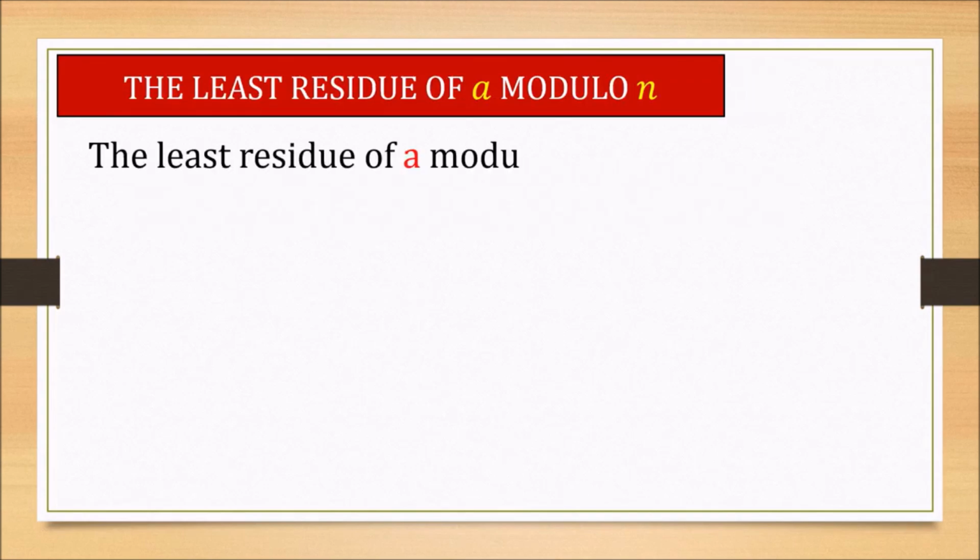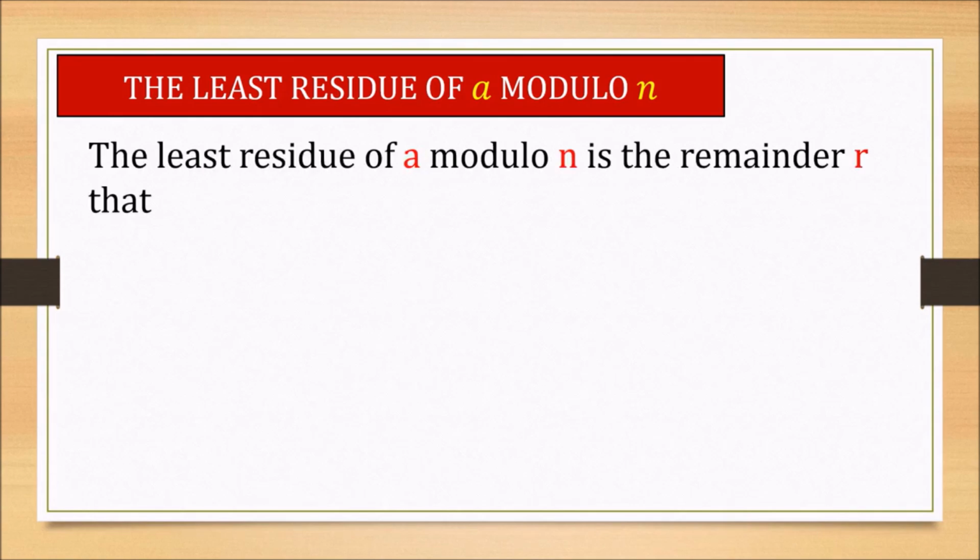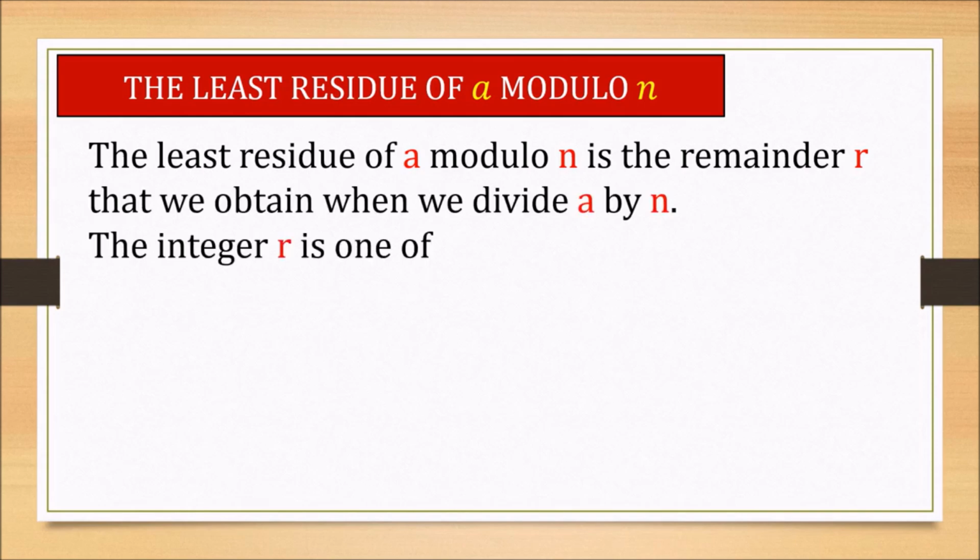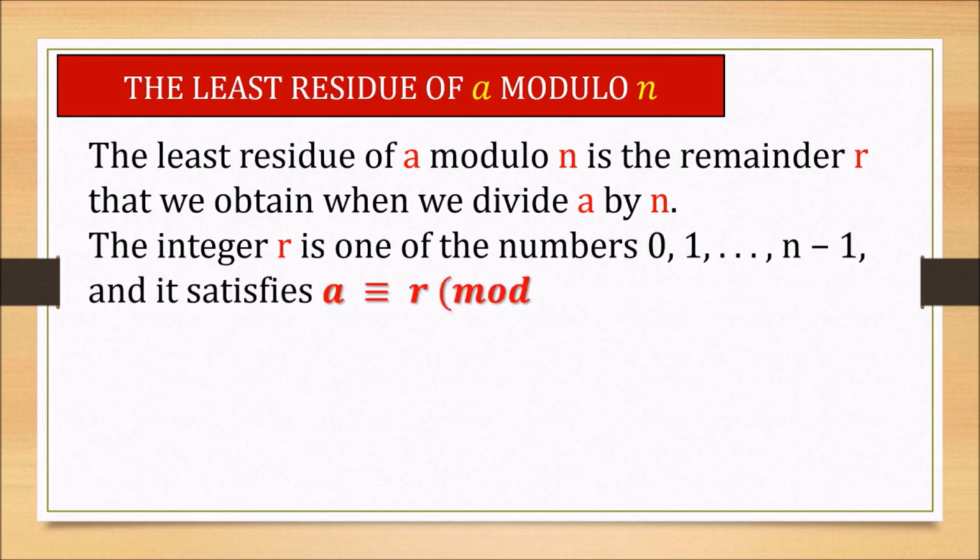The least residue of a modulo n is the remainder r that we obtain when we divide a by n. The integer r is one of the numbers 0, 1 up to n minus 1, and it satisfies a is congruent to r modulo n.